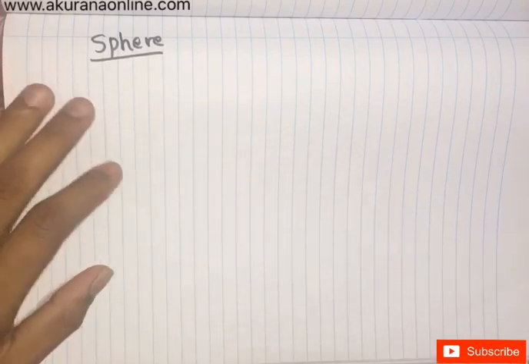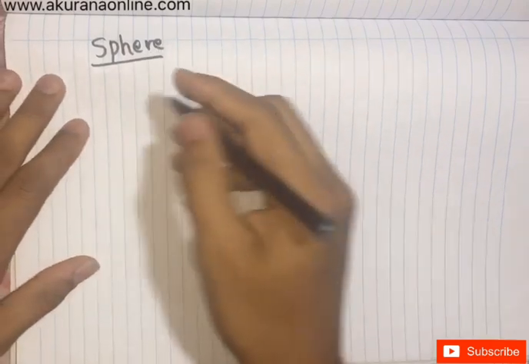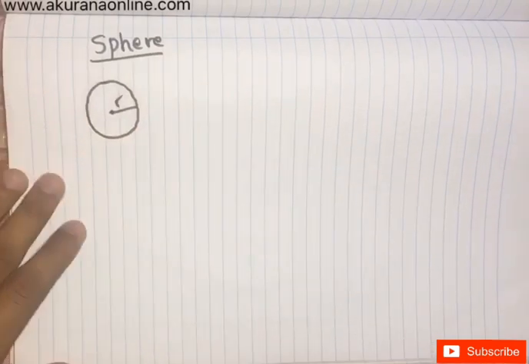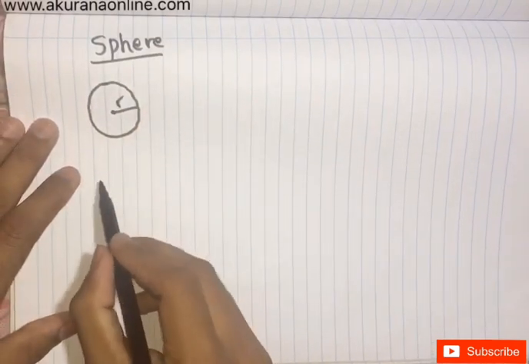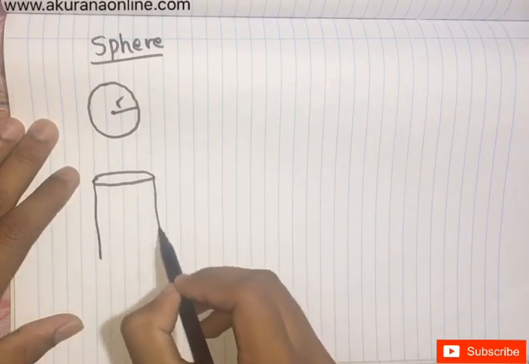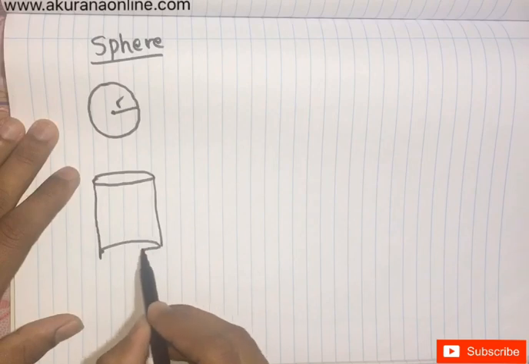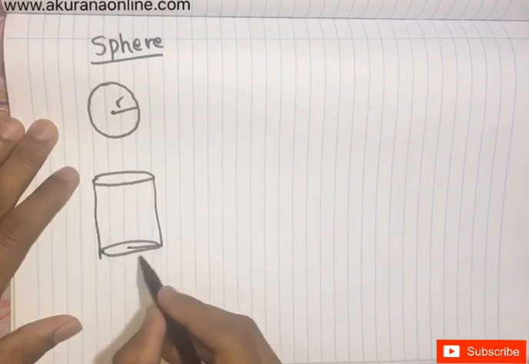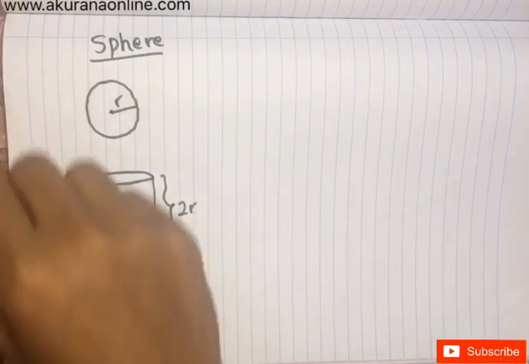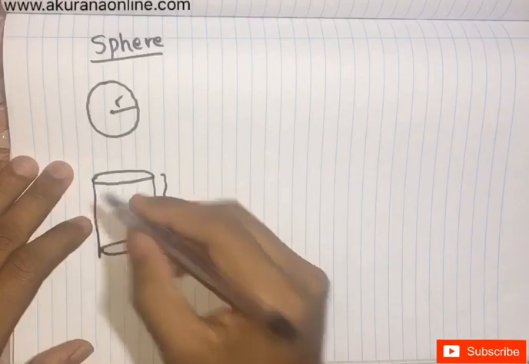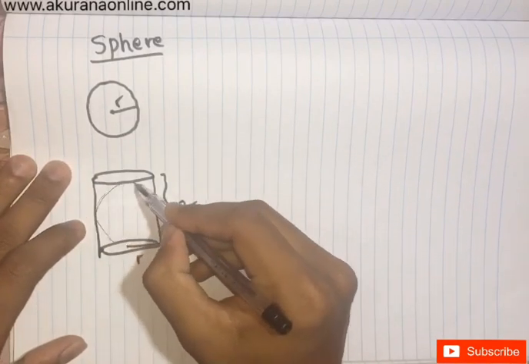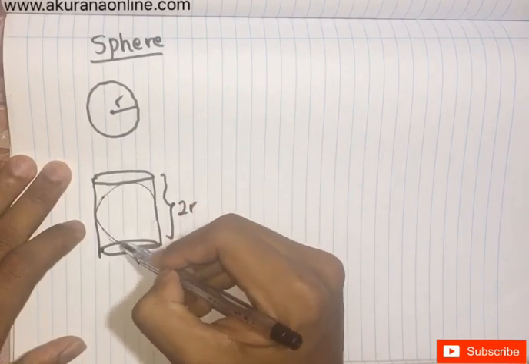A circumscribing cylinder means you take a sphere with radius r, and this sphere is put inside a cylinder where the radius is the same radius r and the height is equal to 2r. If you put it inside, you will get a diagram this way. Are you clear with that?